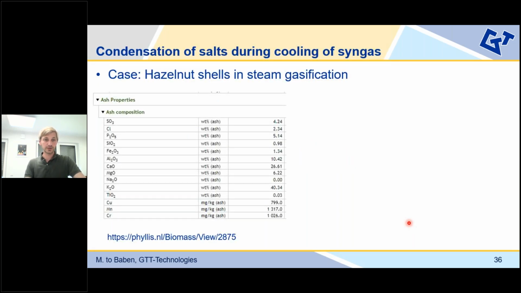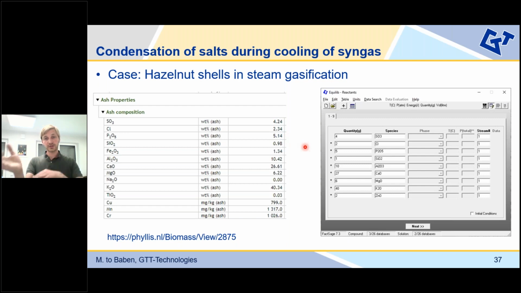Now here I've used hazelnut shells from steam gasification in a steam gasification application because this beautiful Phyllis database told me that this is a very interesting ash with high potassium content, high magnesium, 6% magnesium, calcium, but also actually quite a lot of chlorine, phosphates, and so on and so forth.